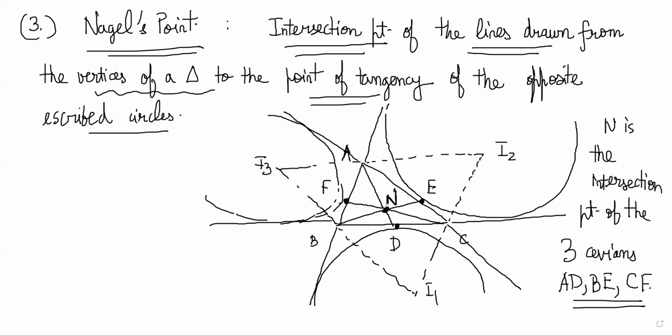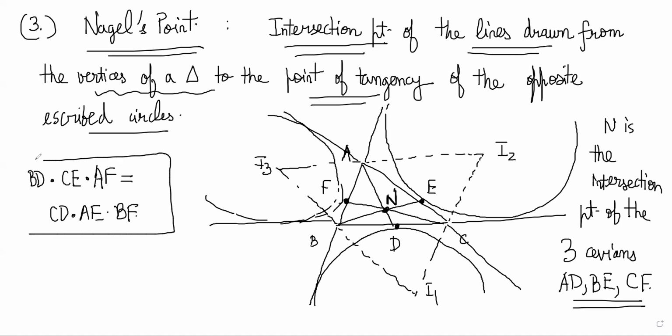Again, the proof of this is really simple by Ceva's theorem. Proof that these lines actually intersect. The proof is based on, you have to prove that BD times CE times AF is equal to the alternate segments CD times AE times BF, right? If we can show that, the proof is done.